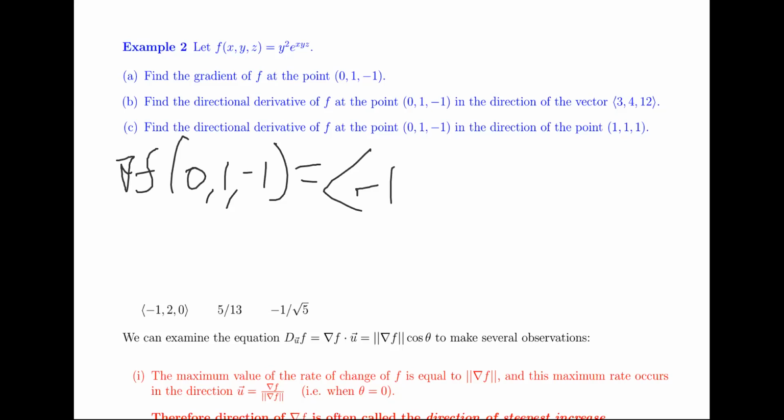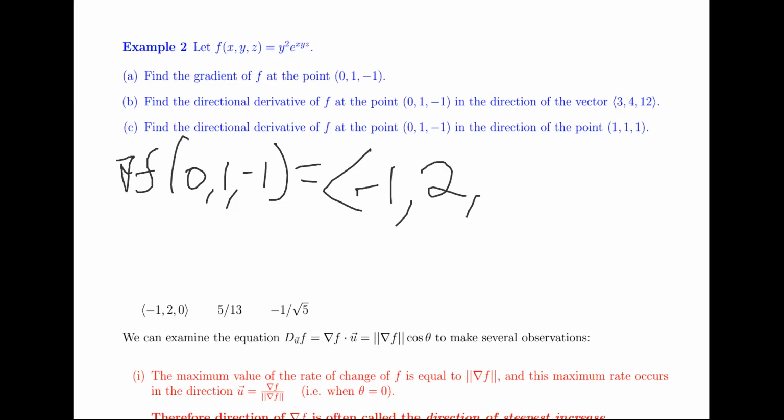So this is negative 1. Then we plug the values into f sub y, y squared times e to the xyz times xz plus 2y e to the xyz. Since x is 0, that first term goes to 0. The second term is 2 times 1 times e to the 0, but e to the 0 is 1, so this is 2.